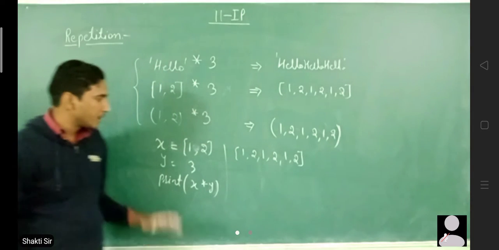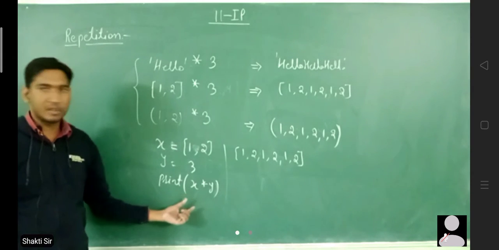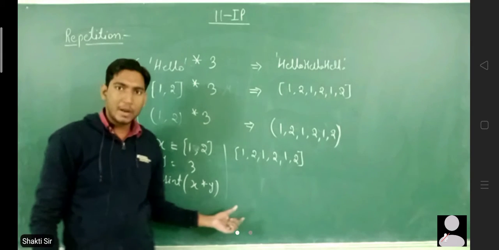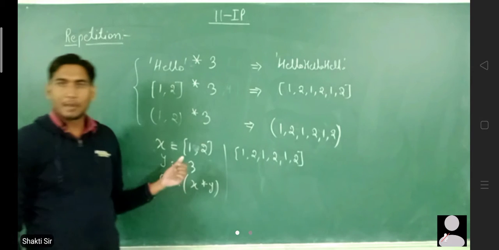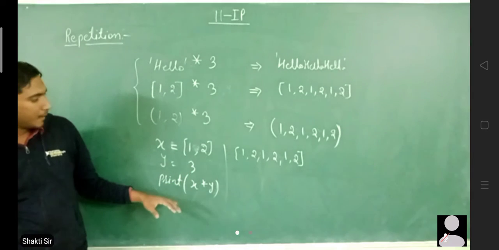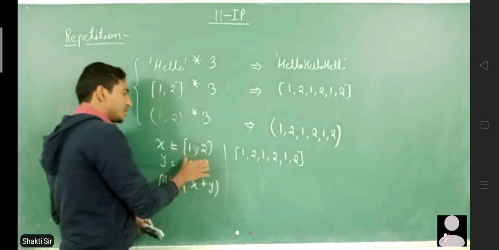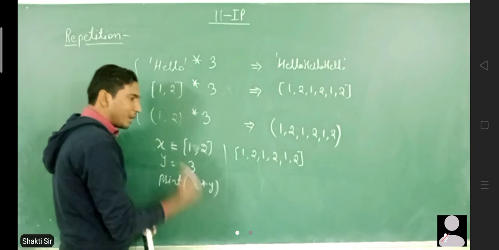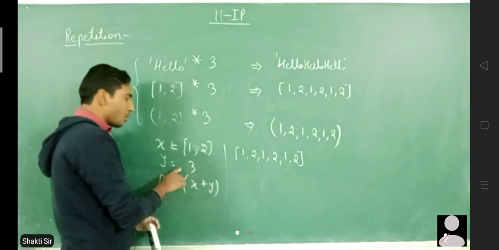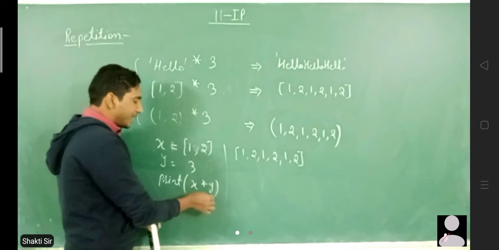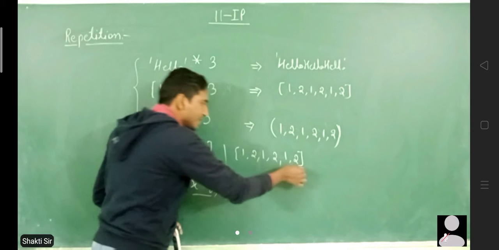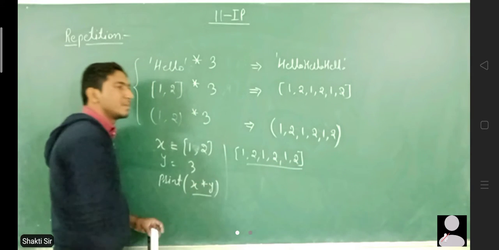It doesn't matter whether you use x multiplied by y or y multiplied by x. The value of x will not be changed, the value of y will not be changed. A new space will be created inside the memory, and in that space this will be stored.